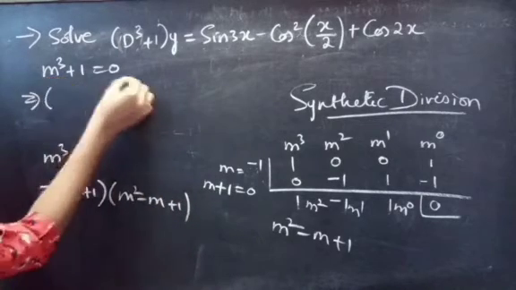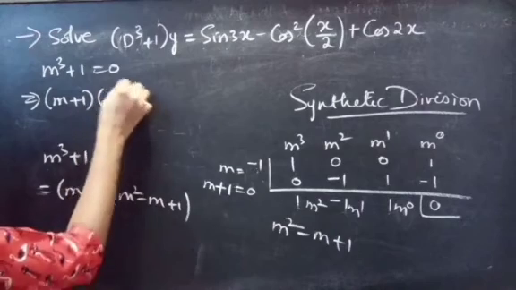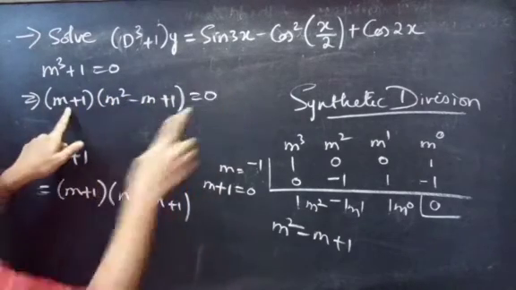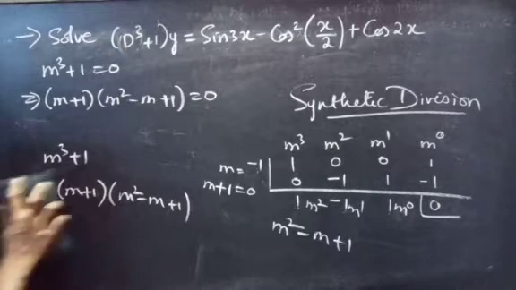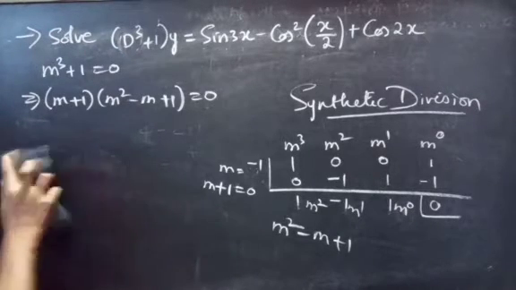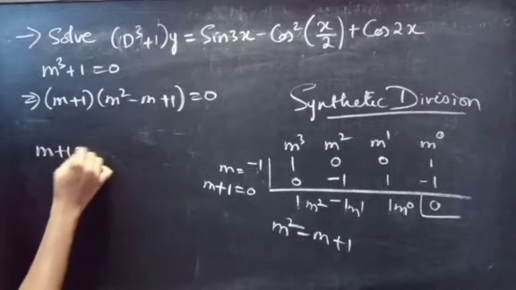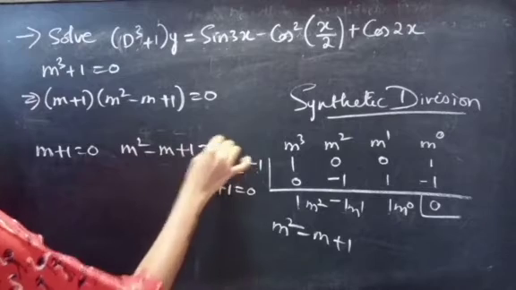Now we can write this equation as m plus 1 into m square minus m plus 1 equals to 0. Now equate each factor to 0 to find roots. Okay, m plus 1 equals to 0 and m square minus m plus 1 equals to 0.